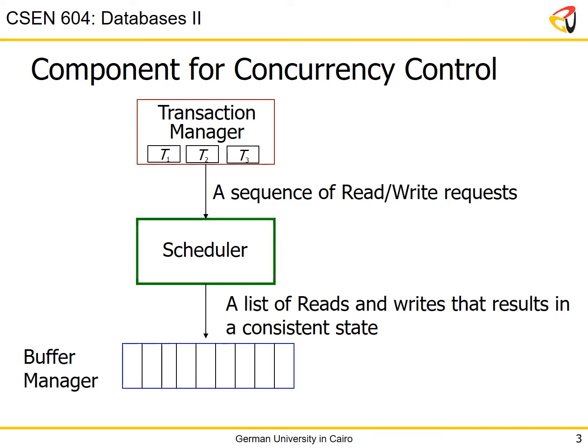And this is important because the reads and writes will overlap from all transactions, but not all overlaps are safe or will result in a consistent state, as we will see. So really the brain of the transaction manager is the scheduler. It's the one that schedules how things should run, I mean, the sequence of reads and writes coming from different transactions.